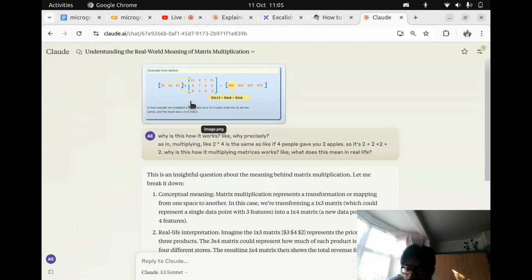Or like what value, cost, etc. there is in each of those products, and it could also be like profit or something.